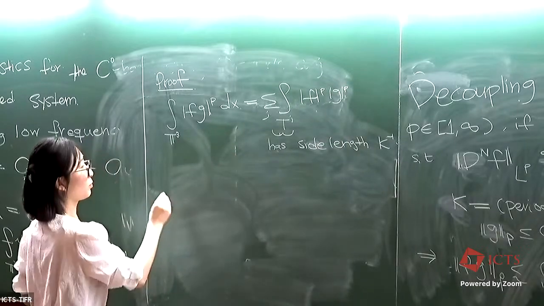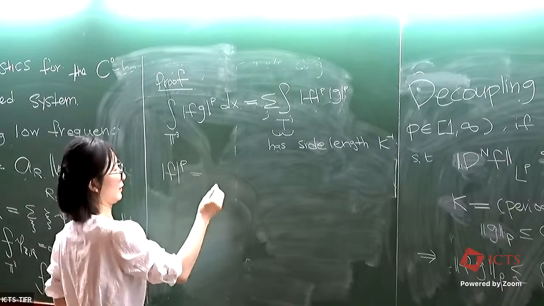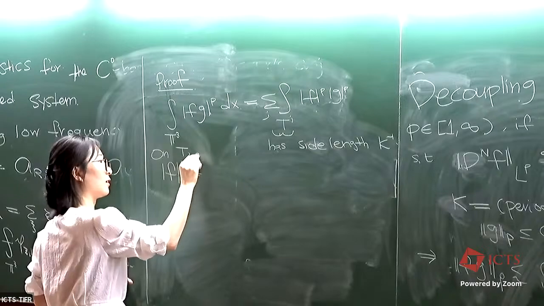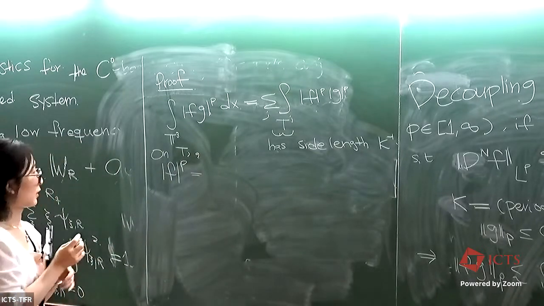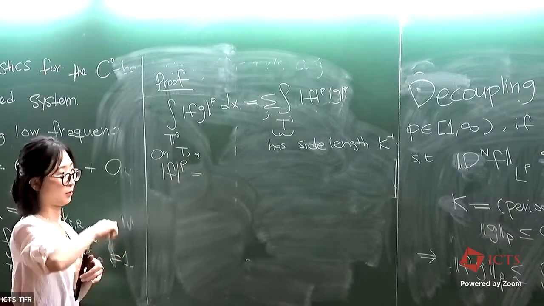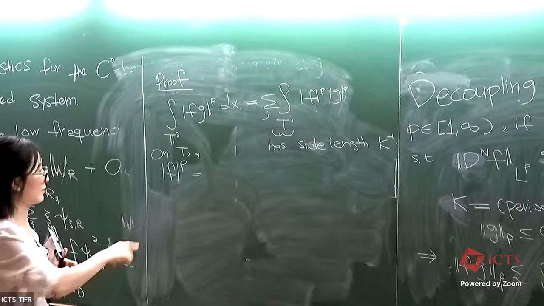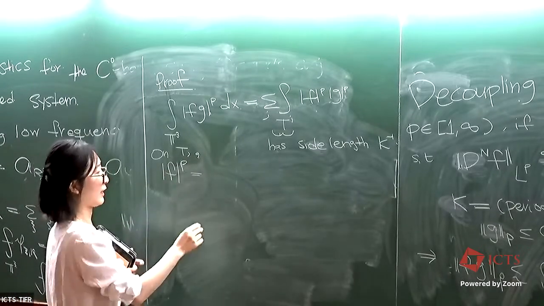And on each cube, you can actually write the expansion of F^p as follows. So on T_j, this is a very small cube compared to the oscillating length of f. So on this cube, this is almost like its average.